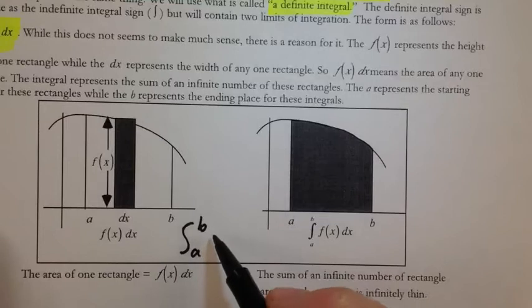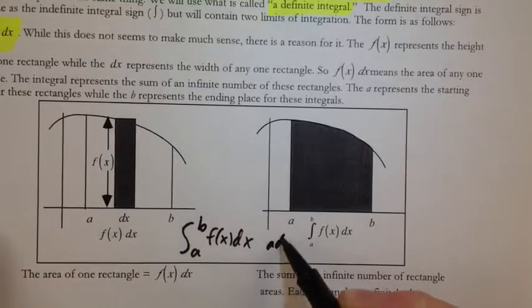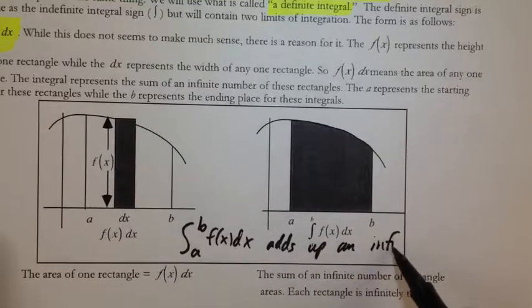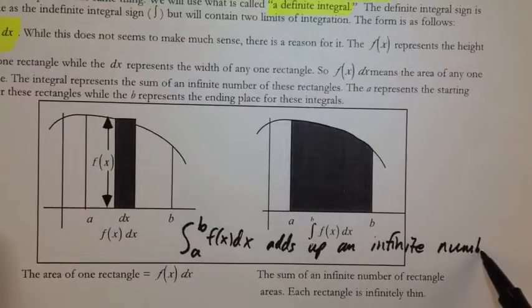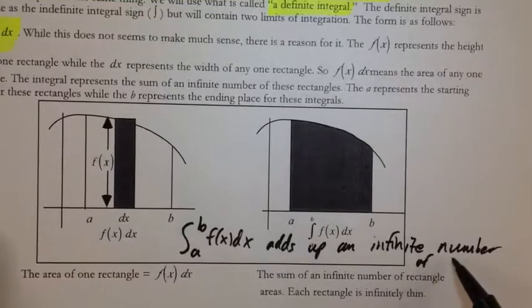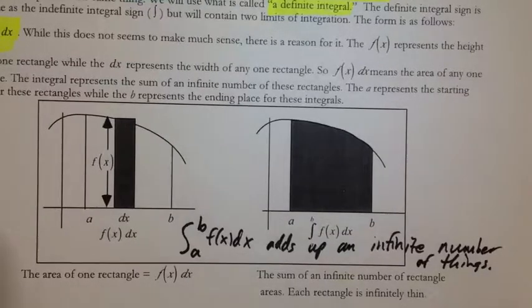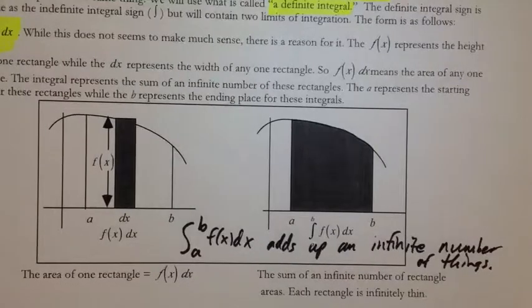So the integral from a to b of f of x dx adds up an infinite number of things.